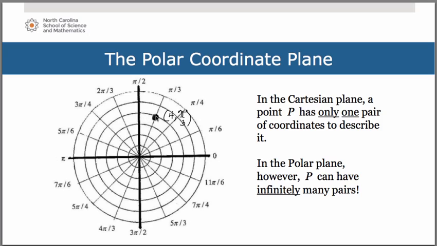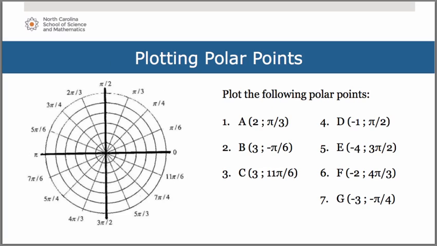The point would still lie in the same place. It's just now represented with a negative angle instead. This is something you're going to see in the next video when we discuss how to represent a polar point with different representations. We're going to focus here, though, on how to plot polar points in the polar plane.